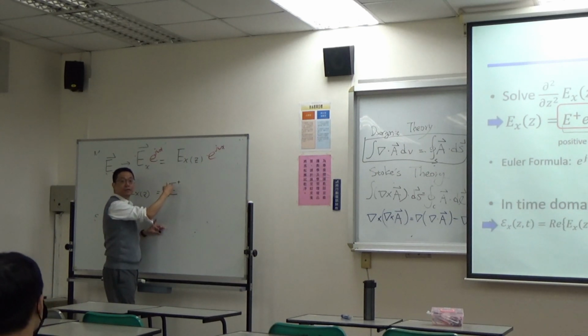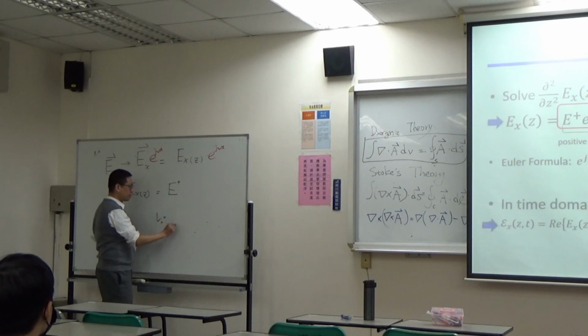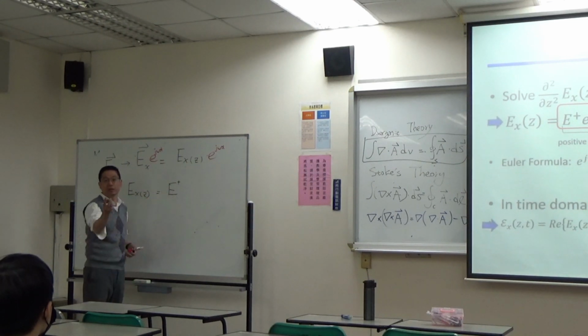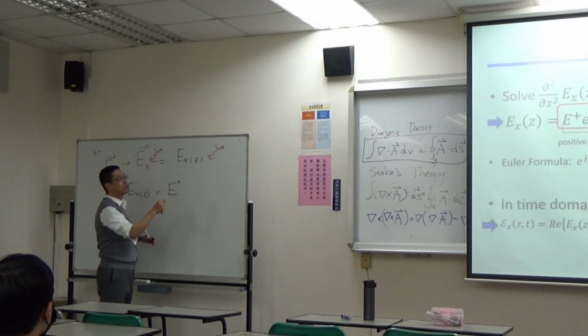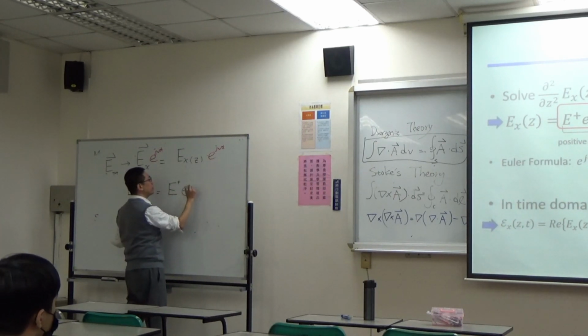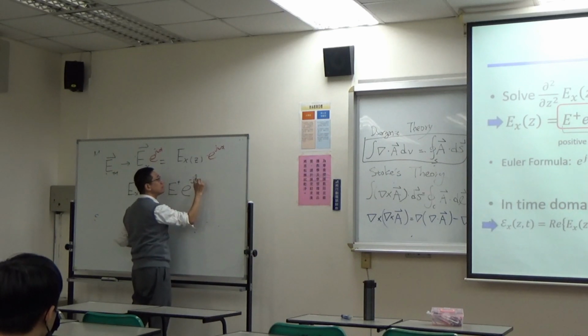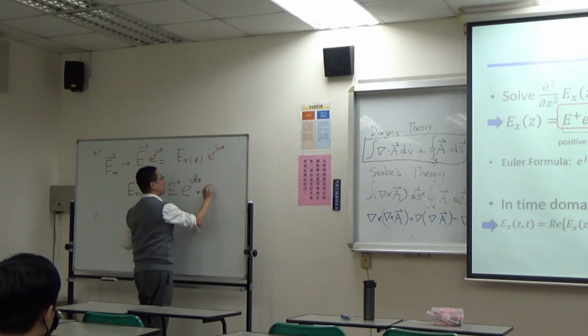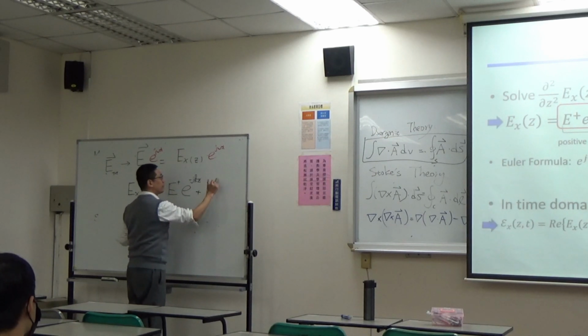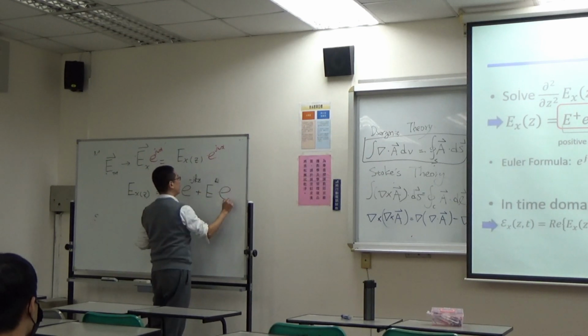This is an amplitude. 它是一个大小而已，就是一个数字而已。E plus 就是一个数字，就跟之前讲 V0 正、V0 负一样。Remember 上个学期我们讲 V0 正，它可能就是0点几，就是一个数字，一个代号而已。Multiply, so you got exponential minus j k z plus another number multiplied by exponential plus jkz.